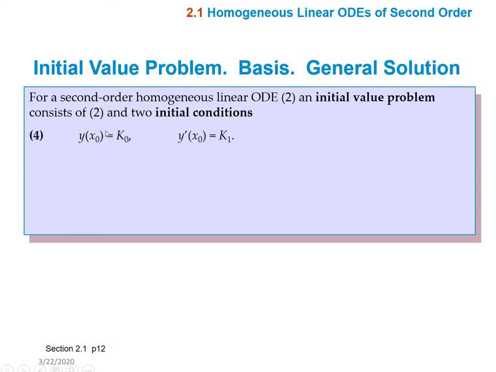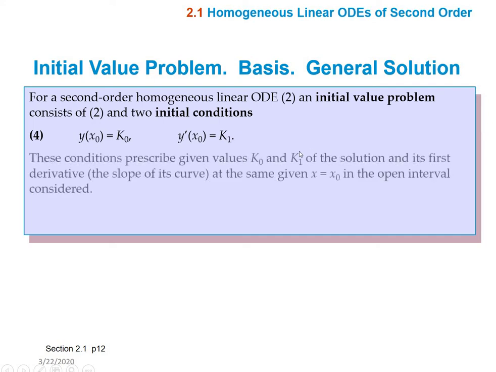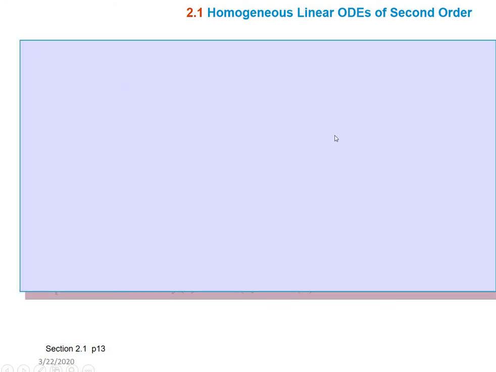This is the first initial condition, at y, and this is the second initial condition, at y prime. So those are the two initial conditions. And as we said in first order, I can use those two initial conditions to find the constants in my general final answer.